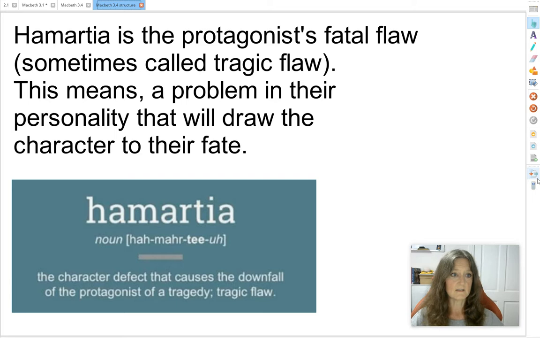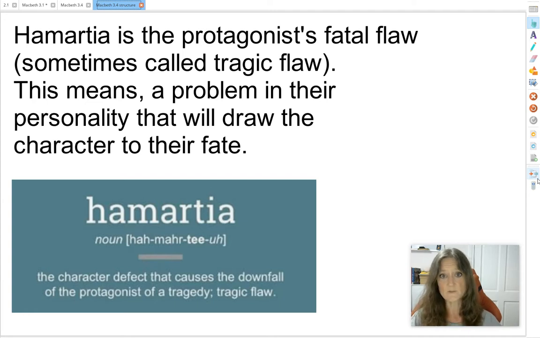The next term which I've put up there in that key vocabulary is hamartia. And hamartia is the ancient Greek word, spelt here in a normal alphabet, for the protagonist's fatal flaw. And you'll see it often in lots of literature, especially American study guides, being described as a tragic flaw rather than a fatal flaw.